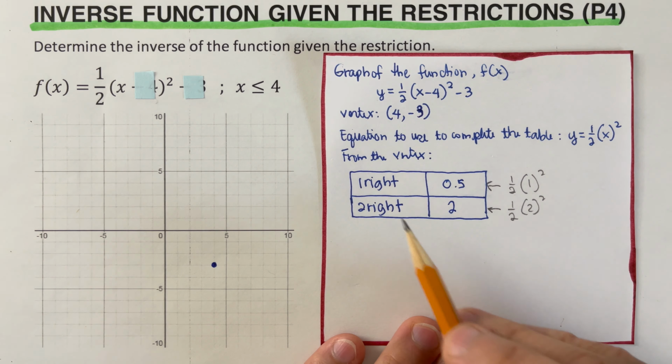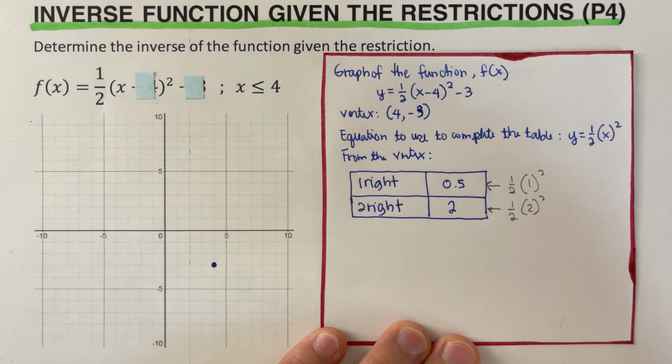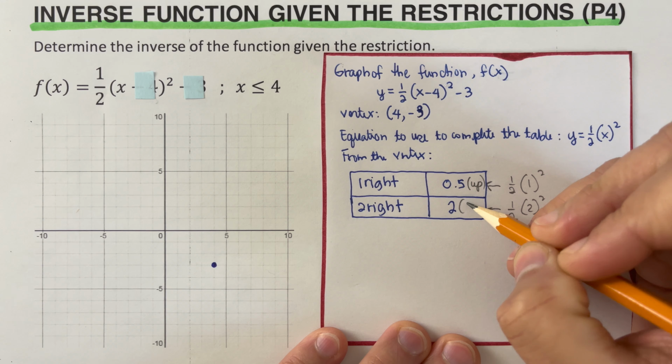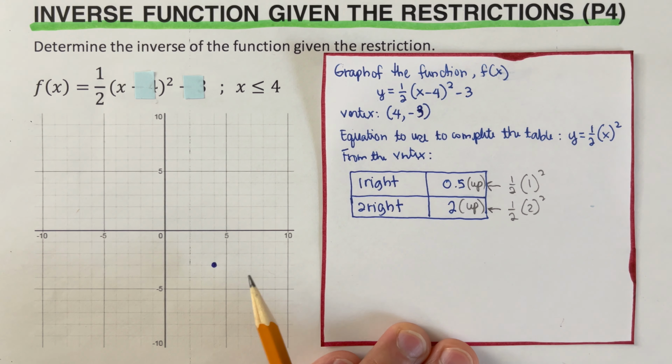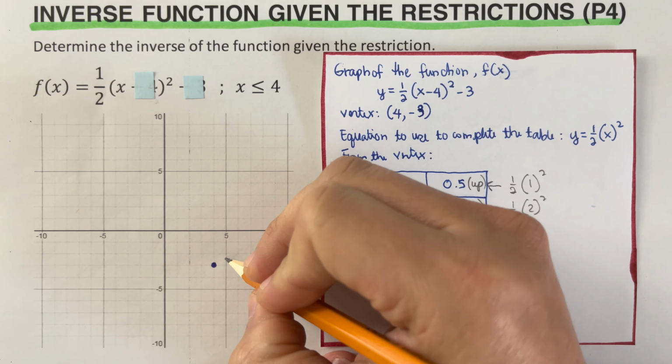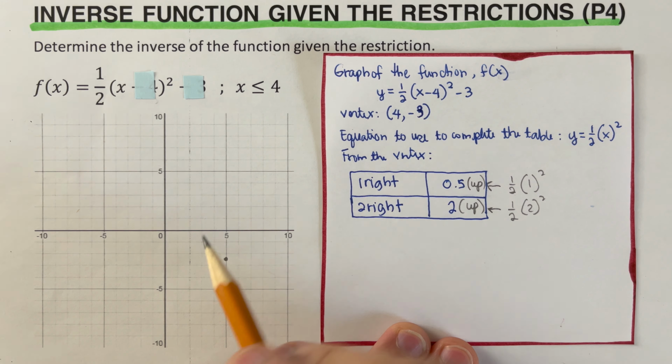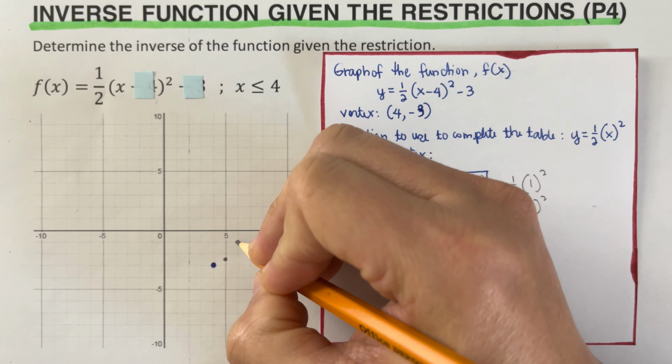Since this is positive, this is going up, and this is going up as well. So we go 1 right and 1/2 up. This is where we're going to have the next dot. And then to get to the other dot, we go 2 to the right and 2 up. So 1, 2, 1, 2 up. This is where the other dot is going to sit.